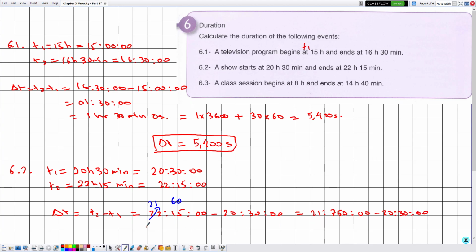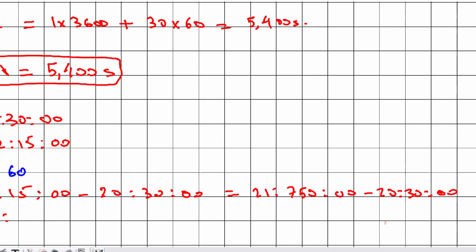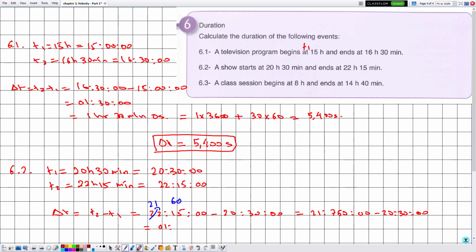Now subtracting these two instant times, 21 minus 20 is given by 1 hour, 75 minus 30 is given by 45, and we have no numbers for seconds. Then this is given by 1 hour 45 minutes.